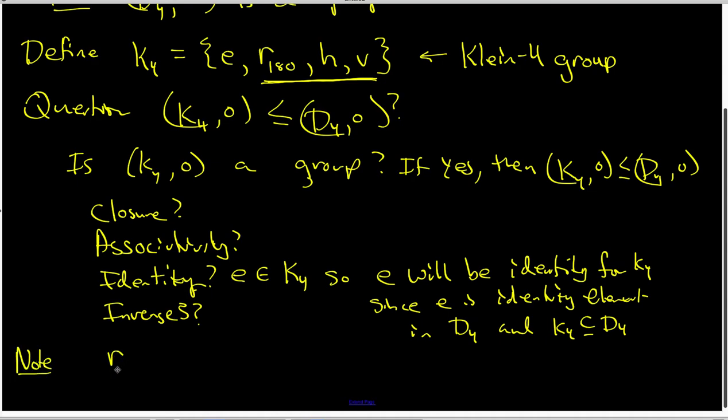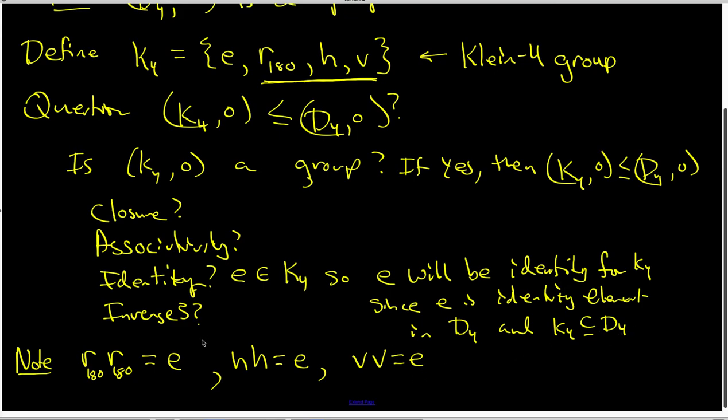If I do a 180 rotation followed by another 180 rotation, I've rotated 360 degrees, which means I haven't done anything, so that is E. And if I do a horizontal flip followed by a horizontal flip, that undoes the horizontal flip, so that is E. And finally, if I do a vertical flip followed by a vertical flip, that also winds up giving me back the identity.